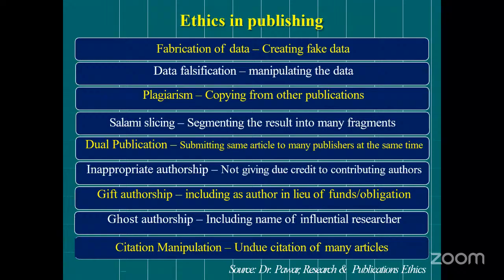Fabrication of data means creating fake data, data falsification means manipulating data, and plagiarism means copying from other publications. And also dual publication, gift authorship, and citation manipulation. Citation manipulation means you want to increase your own citations, so you add your own publications, self-citation. And what is the meaning of gift authorship? Without contribution, you give authorship.